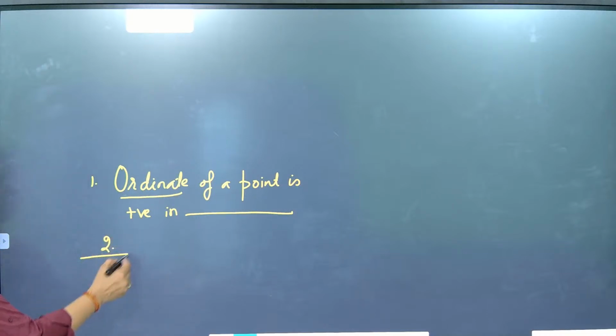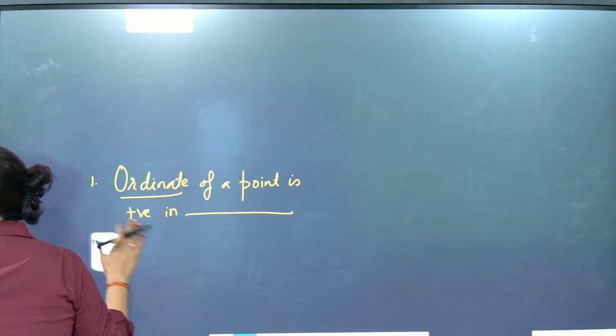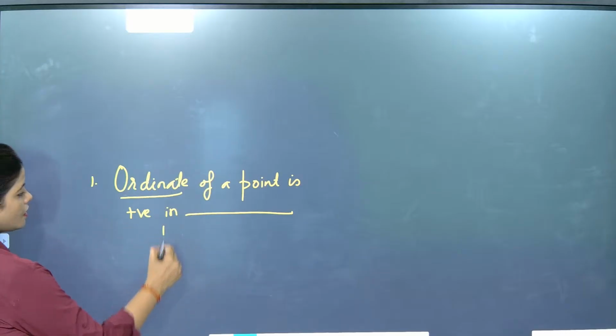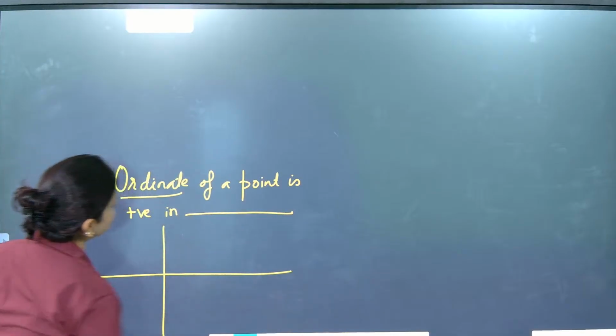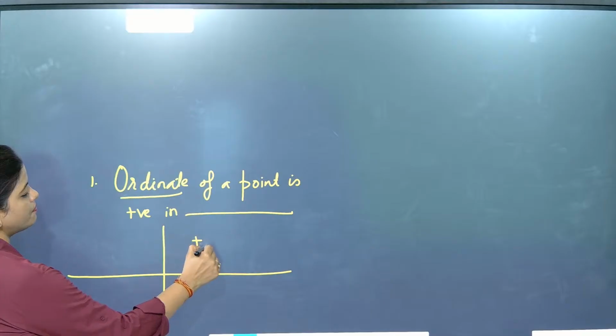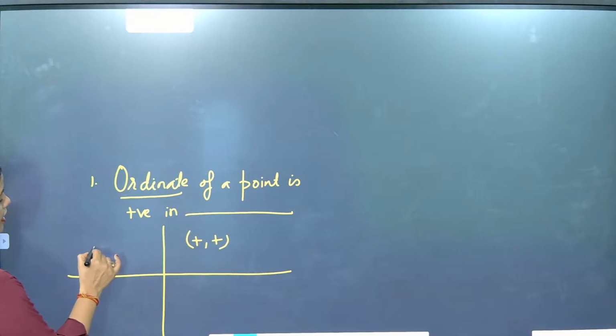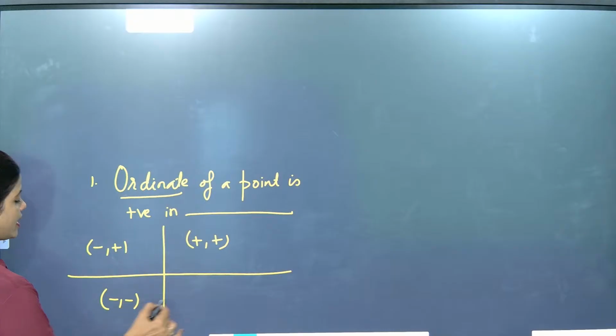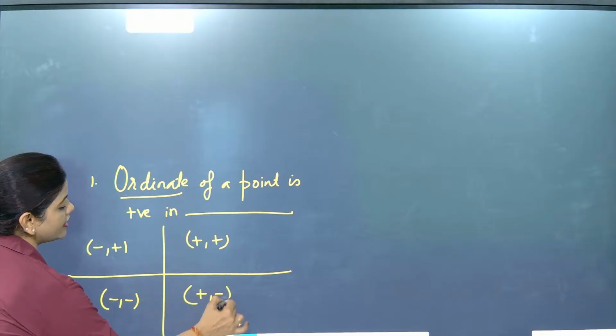We'll see this one, beta. Where and all is the ordinate of a point positive? Let's see. Here you will see plus and plus is there. Here minus and plus is there. Here what is there, beta? Minus and minus is there. Here plus and minus is there.